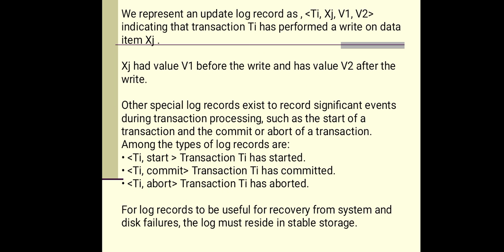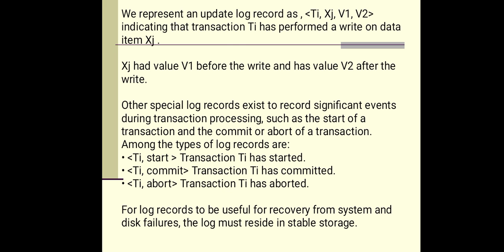These four things can be represented like angular bracket Ti, Xj, V1, V2, indicating that transaction Ti has performed a write on data item Xj, and the value of Xj before the write is V1 and after the write it is V2.